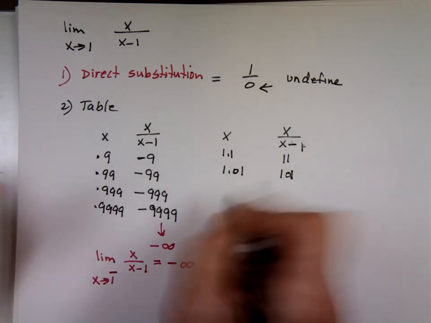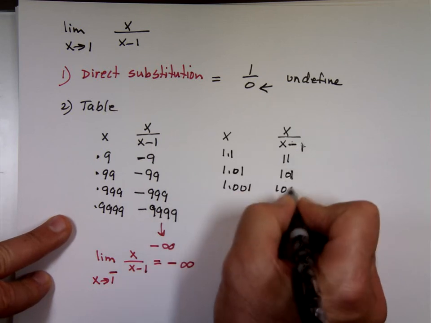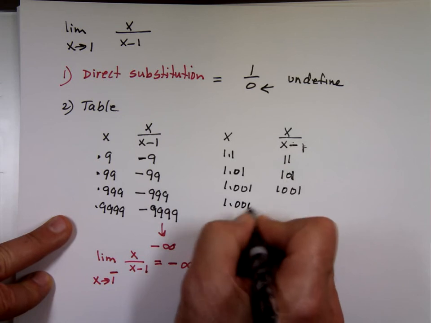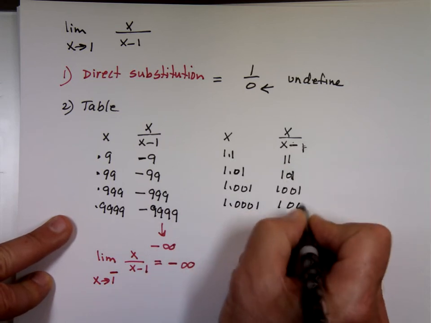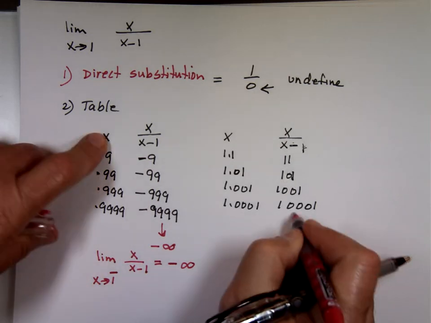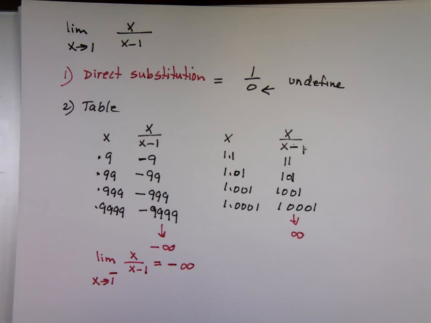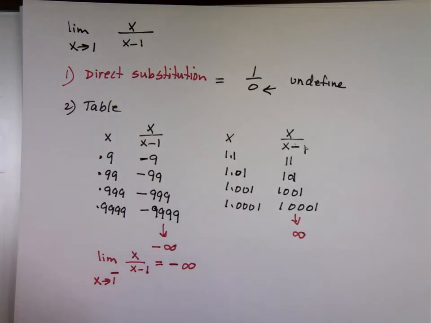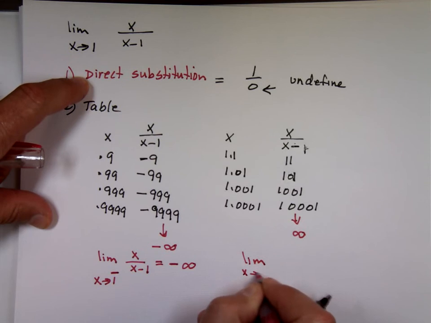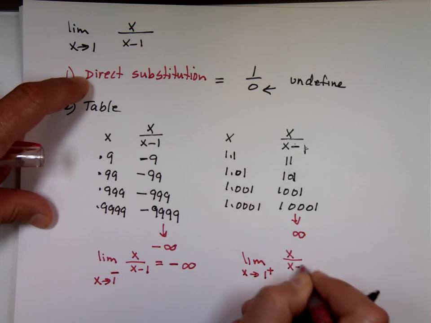Let's try 1.001. Let's try 1.0001. What do you notice about that number? It's going toward what? Positive infinity. So the limit as x approaches 1 from the plus side of x over x minus 1, that's approaching infinity.